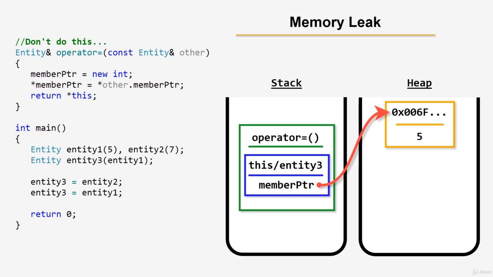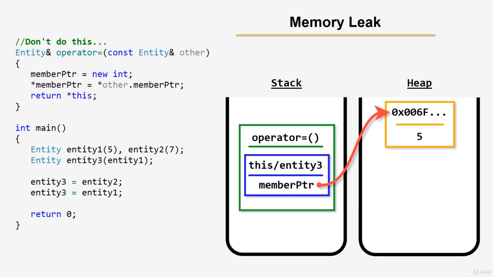Again, entity3 is going to be the calling object, so its member pointer is going to point to some dynamic variable on the heap, and the value that is stored in that is going to be 5. Okay, and that's basically because entity3 was created as a copy of entity1. Again, we are assuming that we have a proper deep copy constructor, as implemented in previous examples. Alright, so this is now the state of entity3.